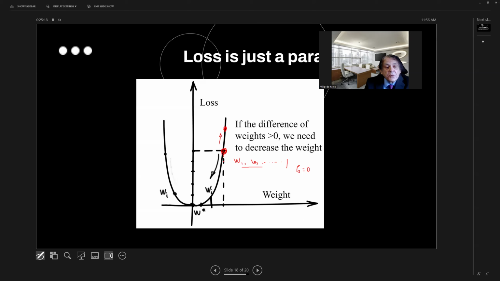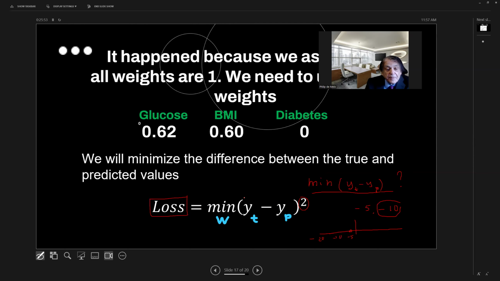So what we need to do is go in this direction so that the loss function gets smaller and smaller, and finally we have this W star that minimizes the loss function, close to 0 value. So that is the procedure: we need to minimize over our weights and bias, so we come to this minimum. And this function actually is nothing else but a parabola.